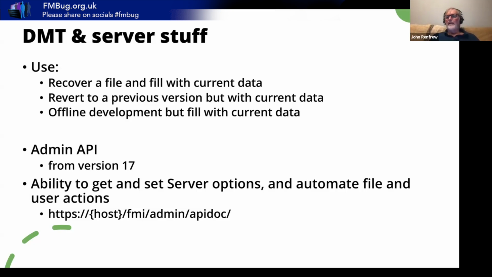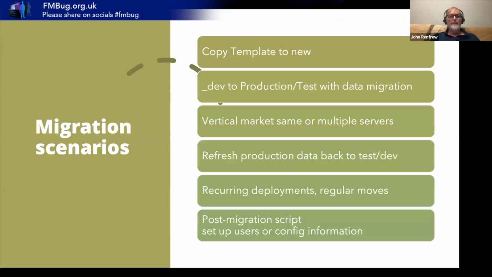But we can automate, therefore, all kinds of user actions. And several people in the community, Klaus Levent, Mike Duncan at Soliant, have written FileMaker helper files to then talk to your servers via the admin API. The link there is where to find the documentation for it on your own server, if you don't know.